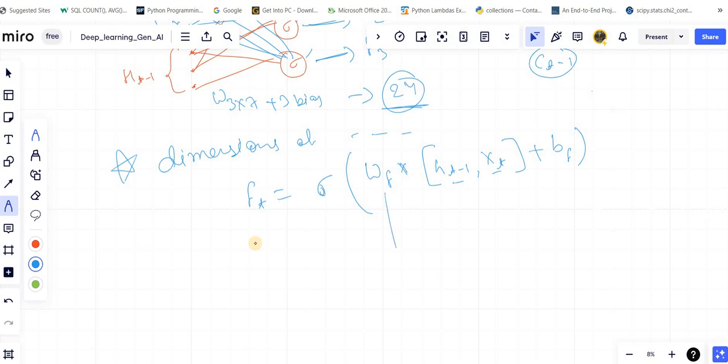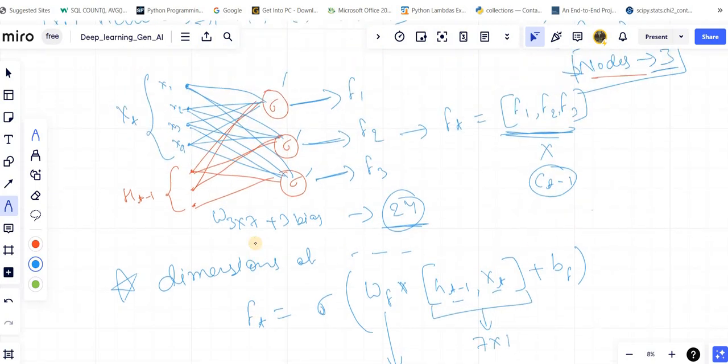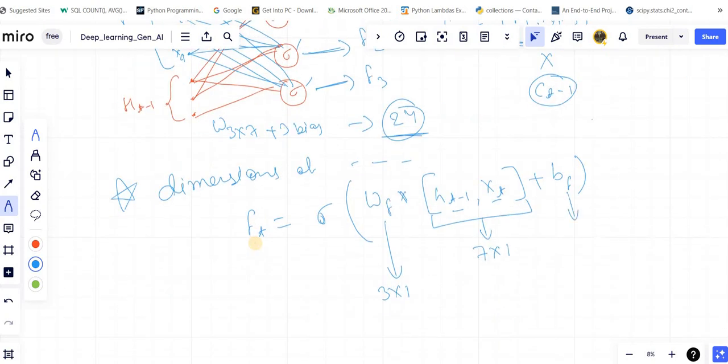And if you look here, this is 3 cross 7, and this entire concatenation is 7 cross 1. You can see here this is 4 and 3, so 7 cross 1, and the bias is 3 cross 1. First you have to multiply the weights with this concatenation.